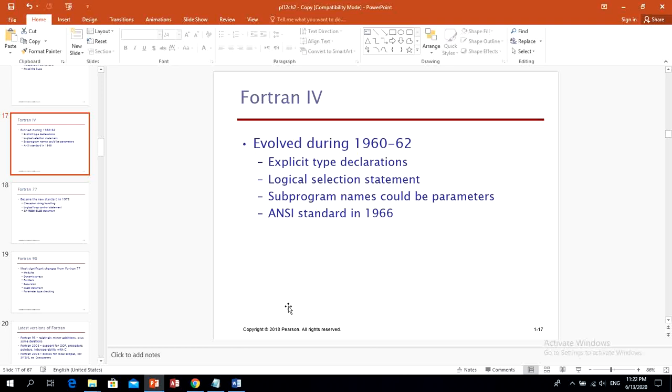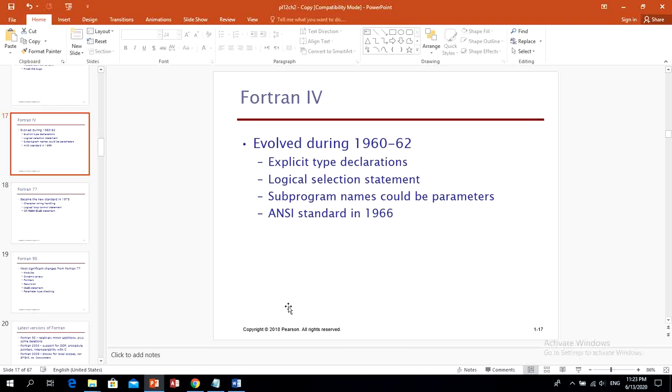It has explicit type declarations, and it has a logical selection statement using if statements. Also, subprogram names could be parameters, so they can actually have functions and methods as parameters. And it was also the first to use an ANSI standard in 1966.